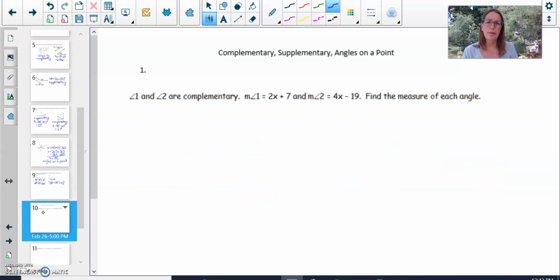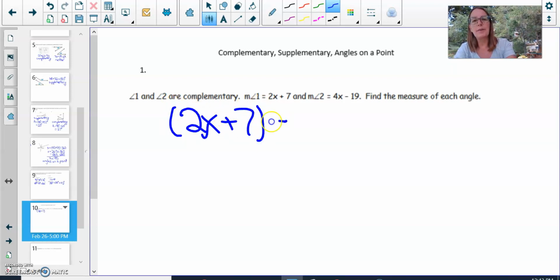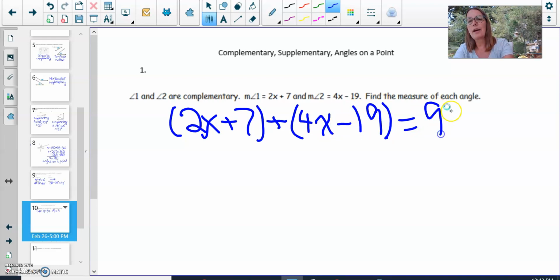Angle 1 and angle 2 are complementary. The measure of angle 1 equals 2x plus 7, and the measure of angle 2 equals 4x minus 19. Find the measure of each angle. Because these are complementary, if I add the expressions together, 2x plus 7 plus 4x minus 19, I get a total of 90 degrees.